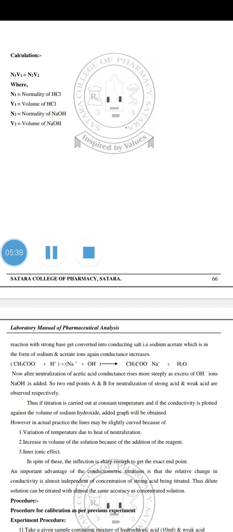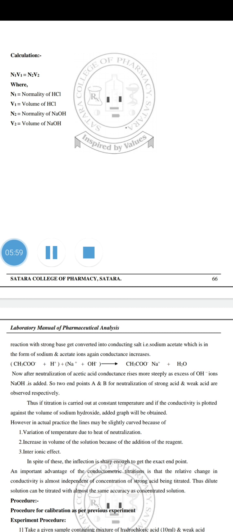Again conductance increases. After neutralization of acetic acid, conductance rises more steeply as excess OH- ions, sodium hydroxide, is added. So two endpoints, A and B, for neutralization of the strong acid and weak acid are observed respectively.